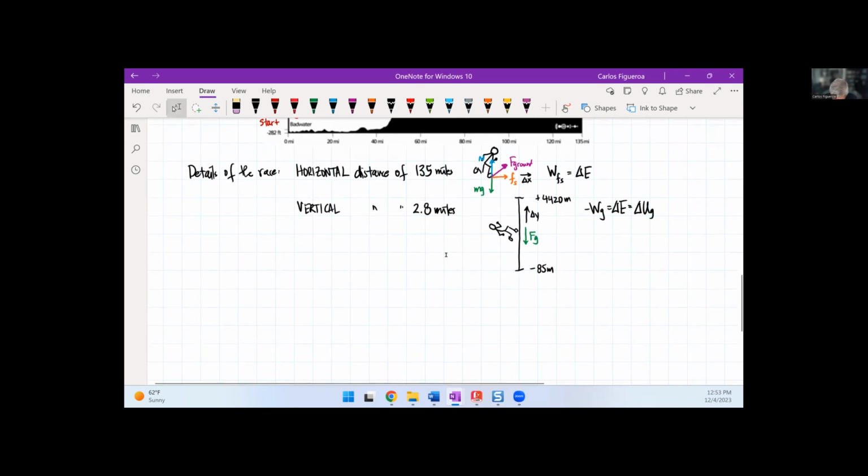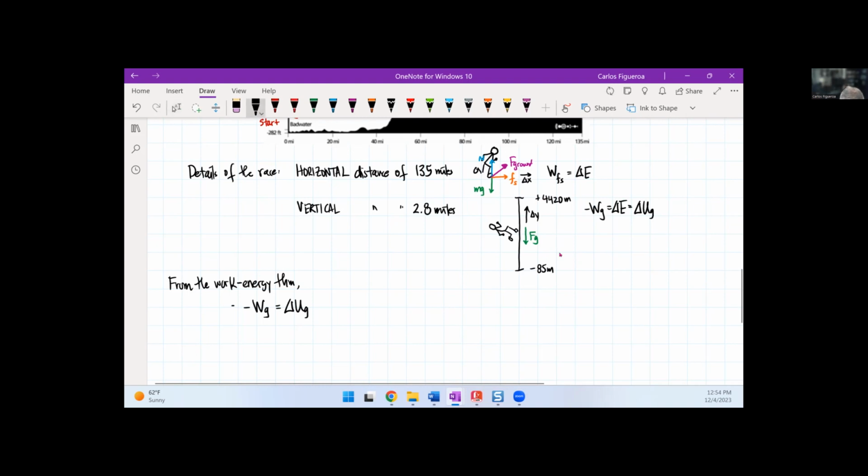So let's write that. From the work energy theorem, here's what we have. We have the negative work of gravity must be the change in gravitational potential. And in this case, what happens? We see that as we go, we're climbing this.